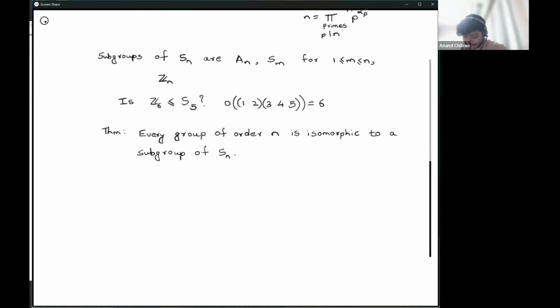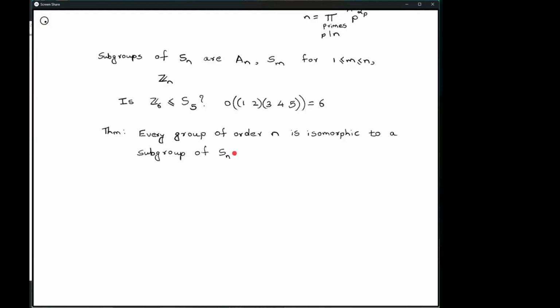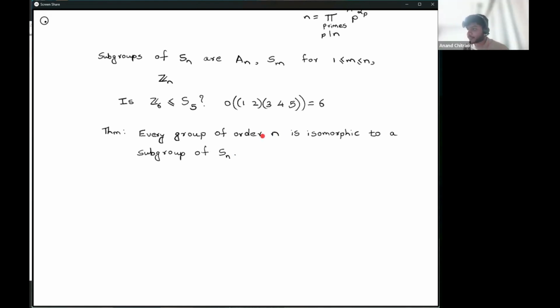The order of Sn is n factorial, and yesterday we saw the order of a subgroup divides the order of the group. Order of the subgroup over here is n, and order of Sn is n factorial. So you can see n divides n factorial, so that checks out.